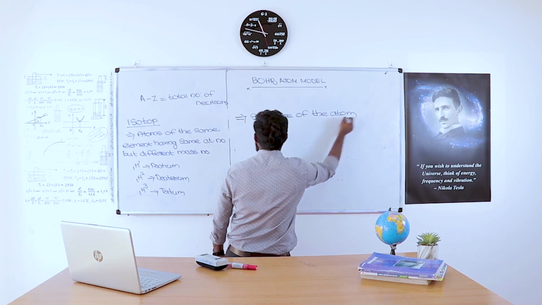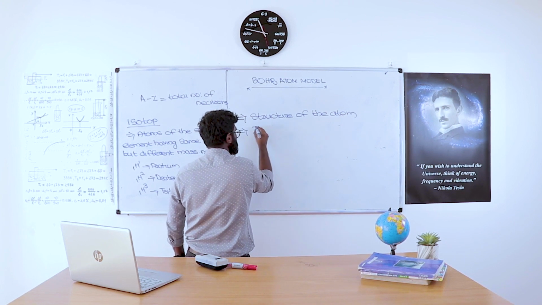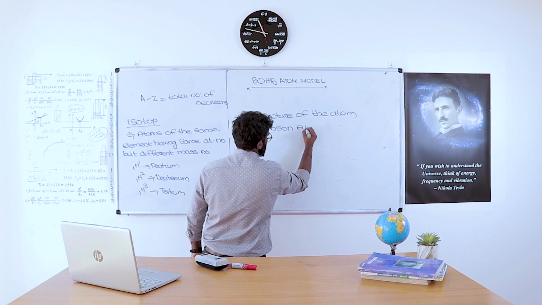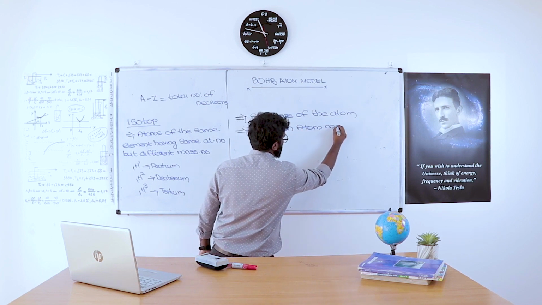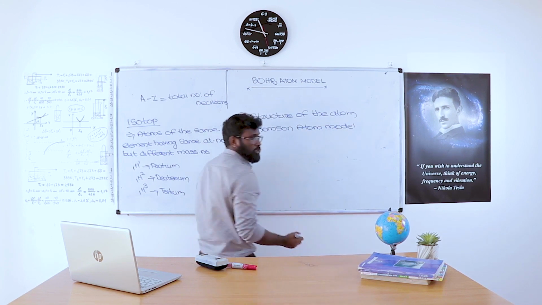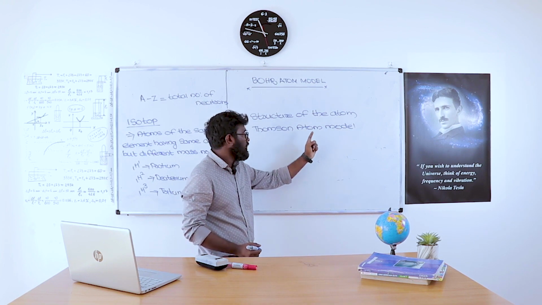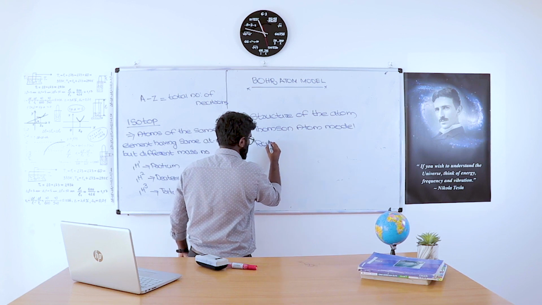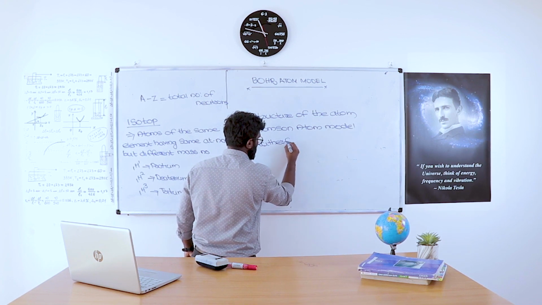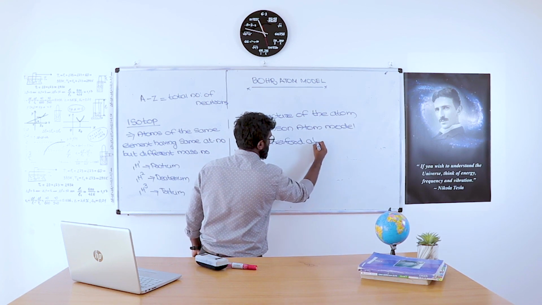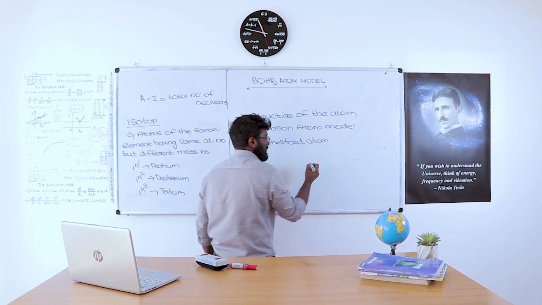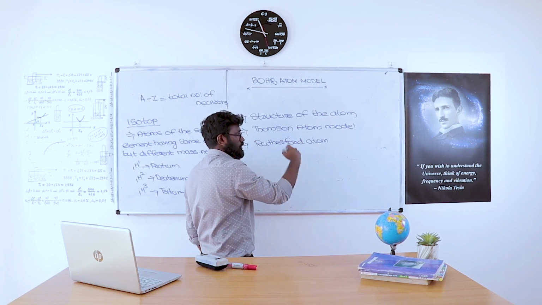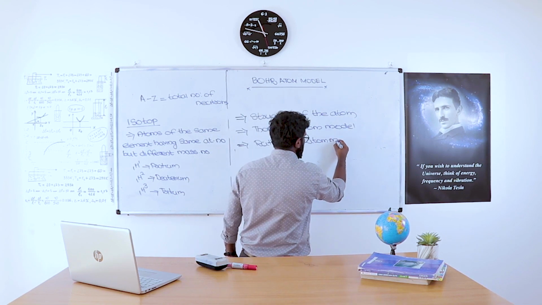Second, Thomson atom model, its concept and limitation. Third, Rutherford atom model: the alpha particle scattering experiment, its observation, its conclusion, the Rutherford atom model, then its limitation.